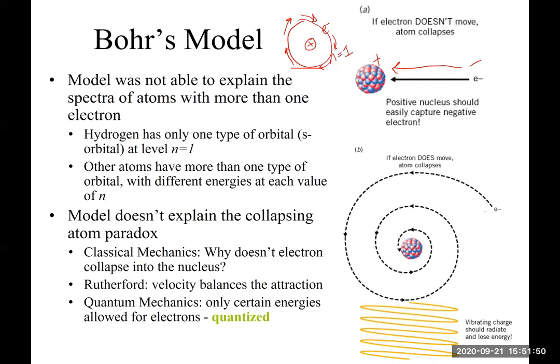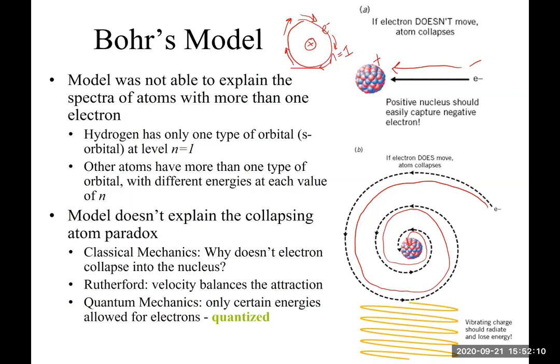And so this little diagram down here is showing you the electron is orbiting around the nucleus, but it's losing energy as it's orbiting because it's radiating that energy. As it loses more and more energy and radiates it, it's eventually going to collapse right into that positively charged nucleus that it's attracted to.